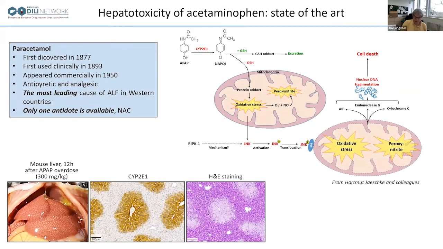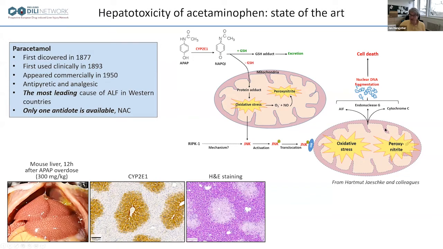First, a few basics. Of course, a lot of work has been done about paracetamol. By the way, it was already discovered in 1877. It is known to be metabolically activated by cytochrome P450 enzymes to a reactive metabolite, NAPQI, which binds to glutathione and to proteins, activates Jun kinase, which then translocates to mitochondria, which induces even more oxidative stress.